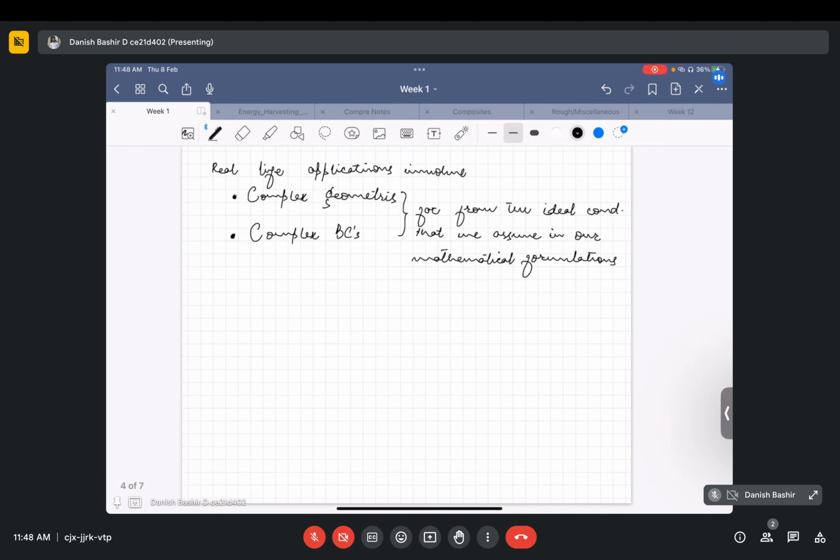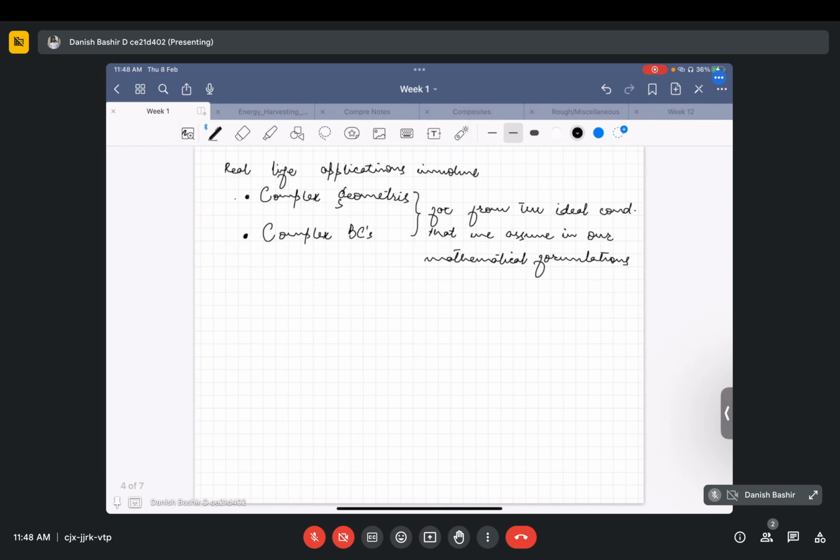So, in order to take care of these things, a numerical method, finite element analysis, or the finite element method, was developed.